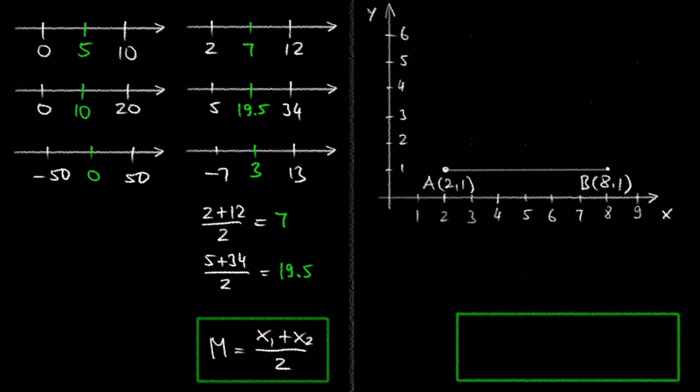We add up the x-coordinates, which are 2 and 8, which is 10, and then divide the 10 by 2, which is then 5. So the midpoint of the points A and B is (5, 1). Don't forget the y-coordinate 1.